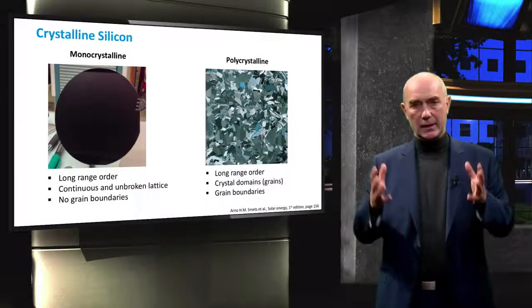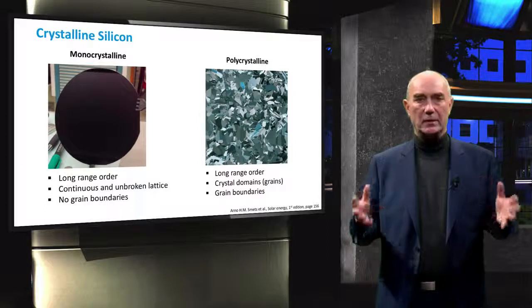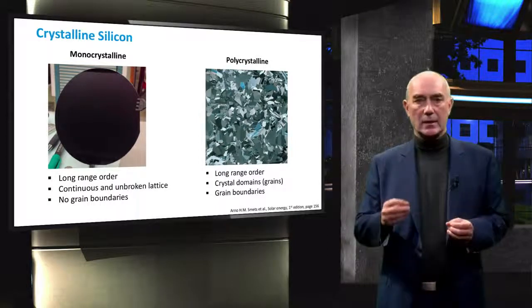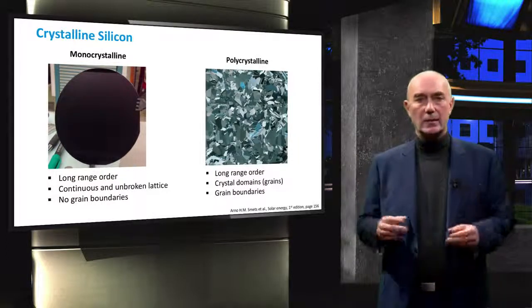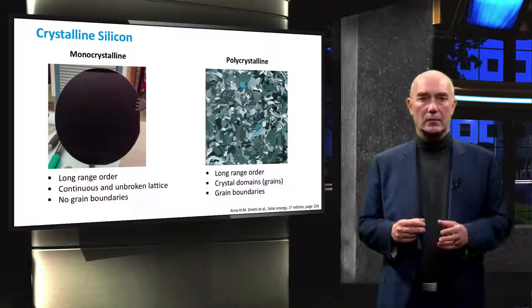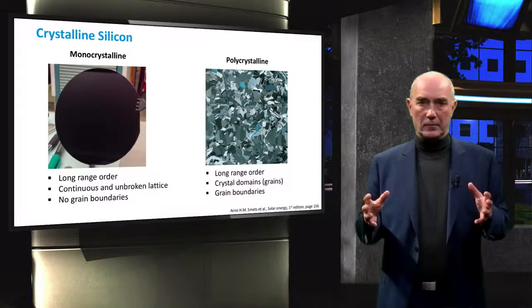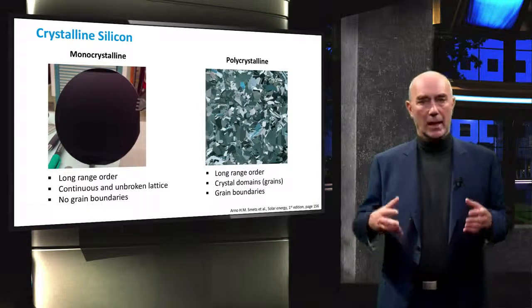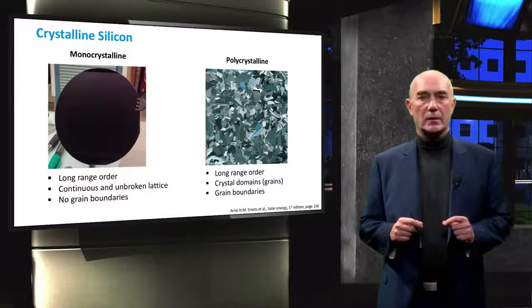These domains are still large, in the range of centimeters. The boundaries between the domains can be seen as defects, and they hinder the charge transport within the material. The presence of grain boundaries decreases the electronic quality of material and influences the performance of solar cells.